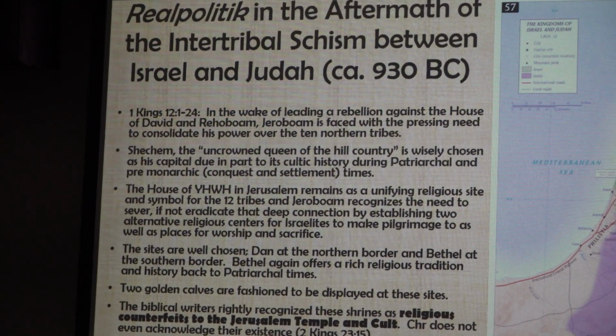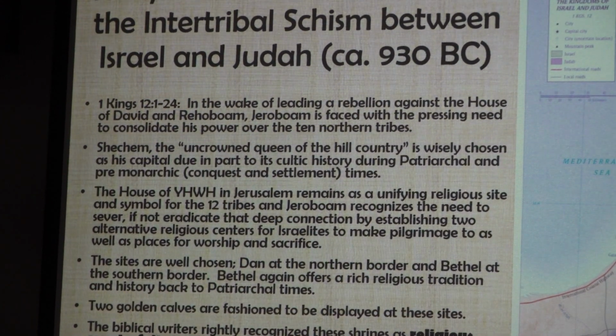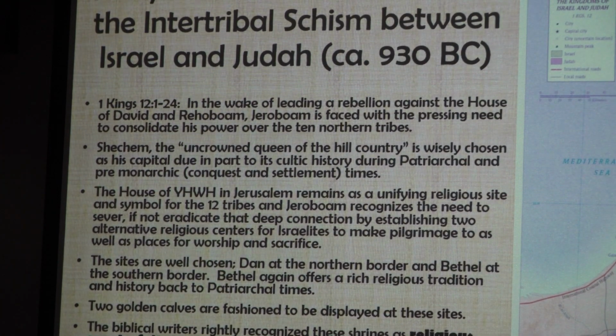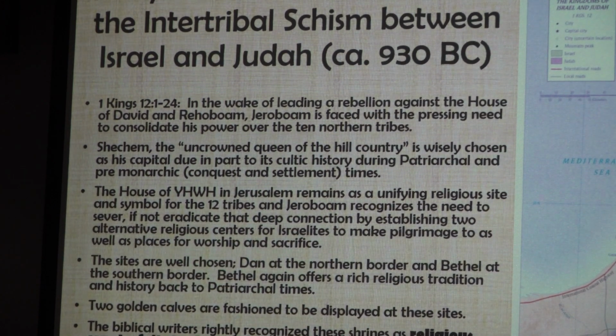And he again takes bad advice from his younger advisors and makes that comment, that you think it was tough under my father, it's going to be worse under me. And that is the cause of the final break between the two kingdoms, or the break of Israel into two kingdoms, Judah, the southern 2 tribes, and then the northern 10 tribes under Israel.